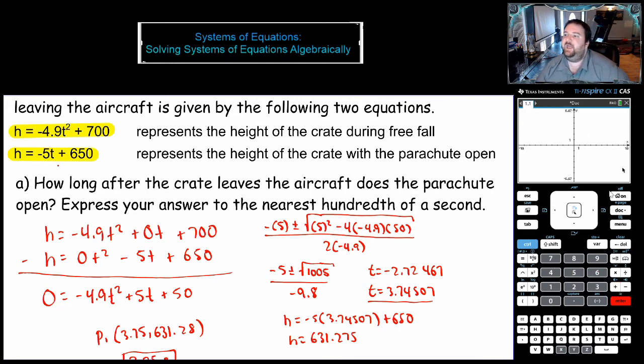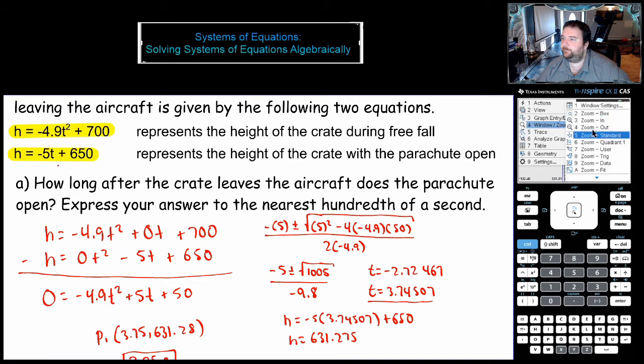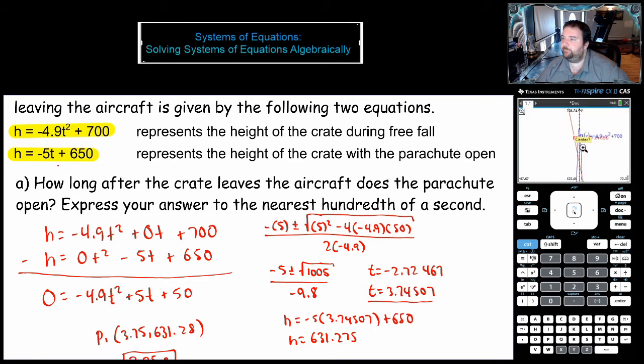All right. And of course, it doesn't look like we can see them. We're just going to zoom out. And I can see there, it's way up here. Okay, there we go. And now I'm going to zoom back in. All right, so there's my points of intersection.